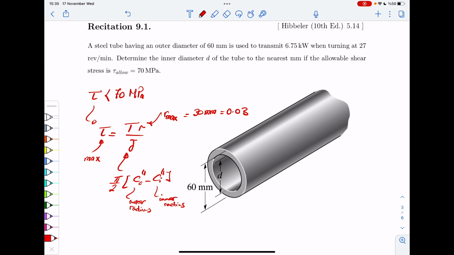For the shear stress, we know the maximum allowable limit here would be 70 megapascal, so we insert that here.